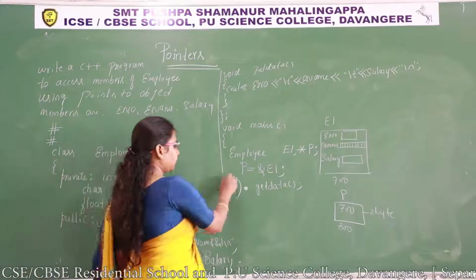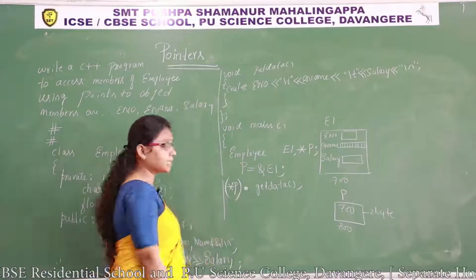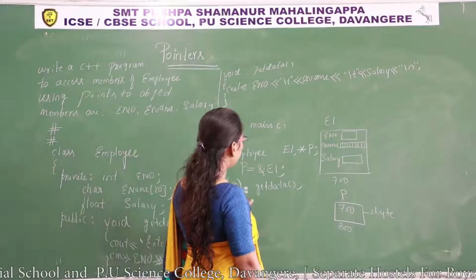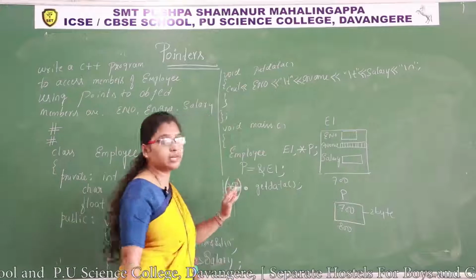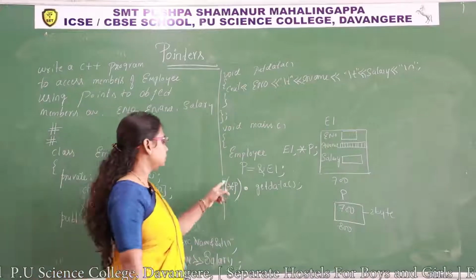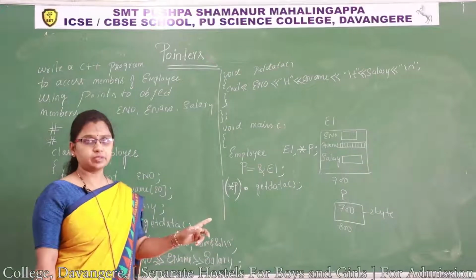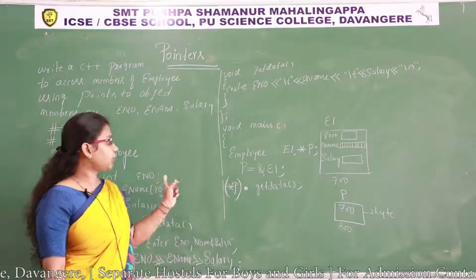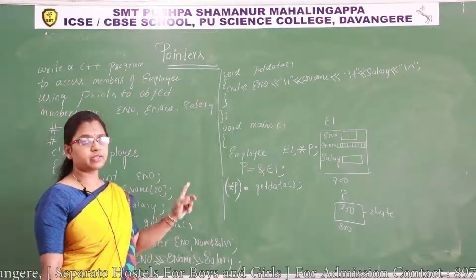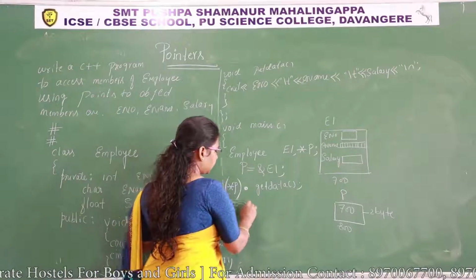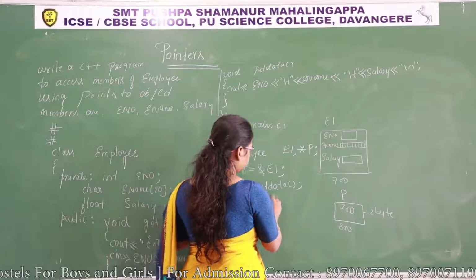So I have to write parentheses, then the parentheses will execute first, later the dot operator. (*P).getdata means *P, which is equivalent to E1. And star and dot operators can be replaced by the arrow operator. We discussed this in the relationship between pointers and objects. Next I'll write P arrow putdata.